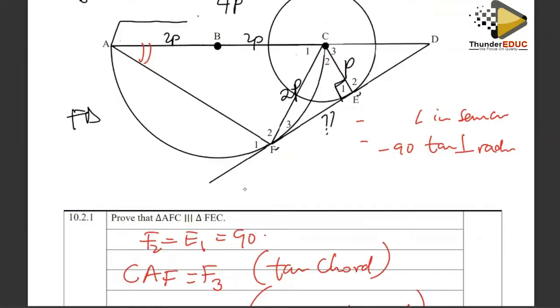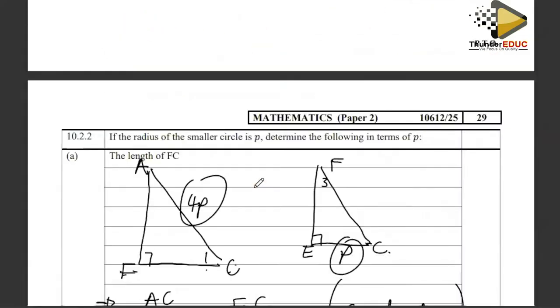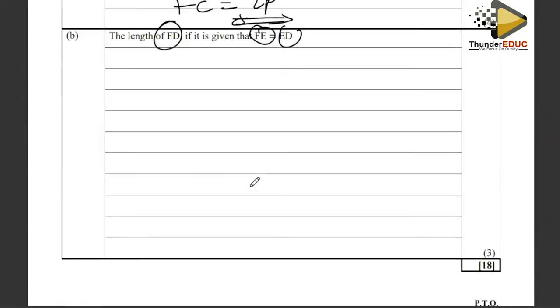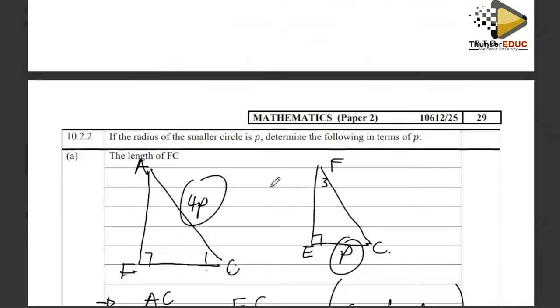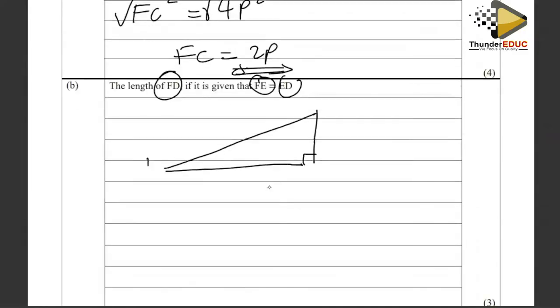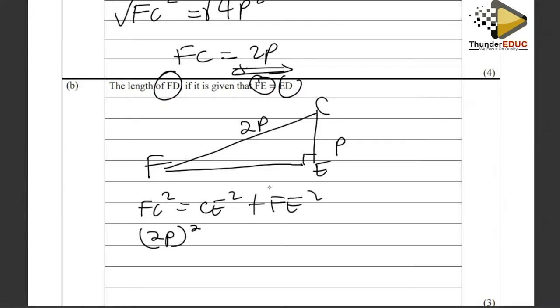Okay, so we're gonna say that FC squared, let me try to redraw that. Say that's a 90. So FC and E, we say this is a P, and this is a 2P. So we're going to say that FC squared is the same as the CE squared plus FE squared. So 2P squared is equivalent to CE, which is a P squared, plus FE squared.